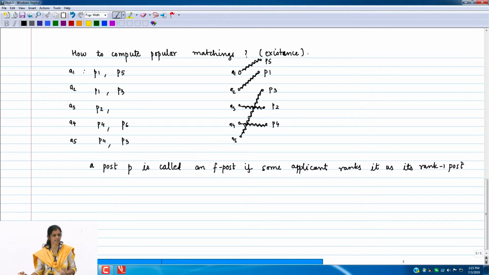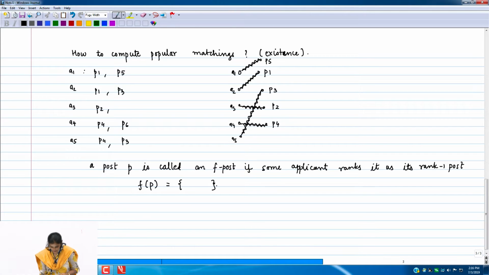So it's a very clear definition. I'll call P1 an F post, P2 an F post, P4 an F post, but P3, P6, P5 are not F posts because nobody treats them as their rank 1 post. If I have a post which is an F post, then I can define the set F of P, which is equal to the set of applicants that treat it as their F post.